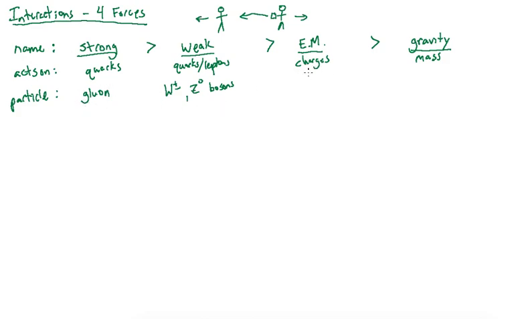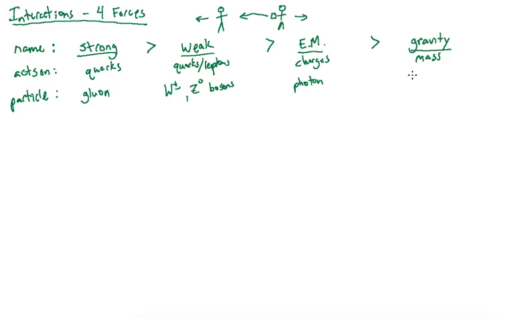And then for electricity and magnetism, it's simply the photon. The photon causes this guy. It's actually called a virtual photon, but the photon carries the electromagnetic charge. And then over here, we have a particle that is predicted, or according to the theory is supposed to be there, but it's never actually been detected.